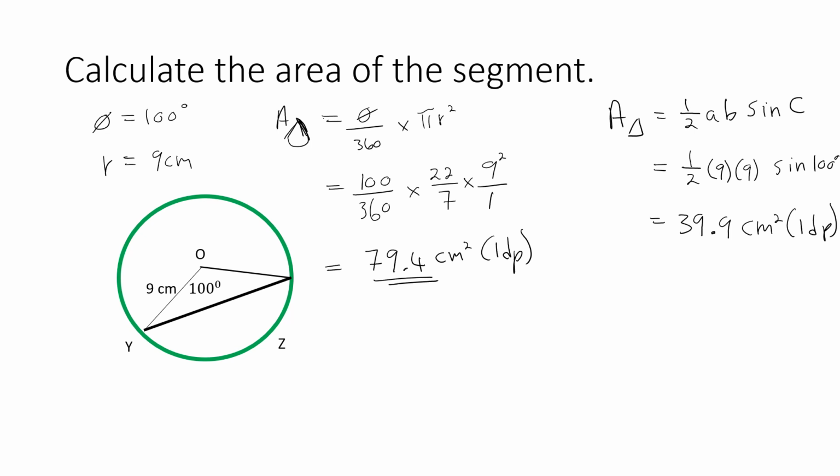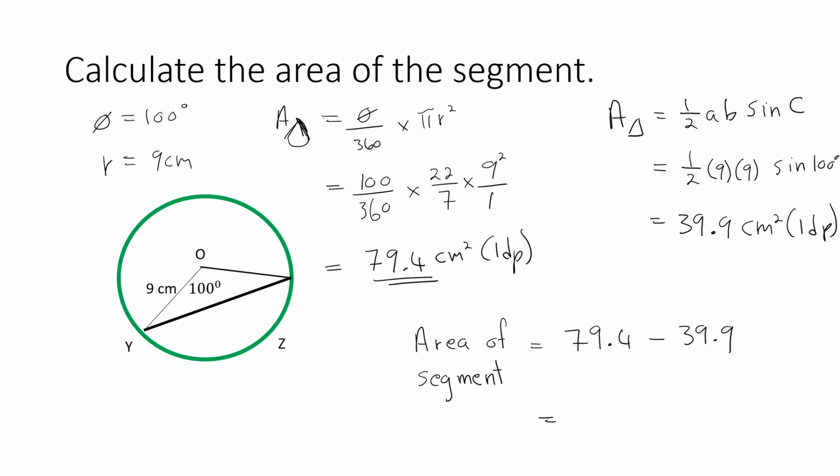And last but not least, the area of the segment. So notice, as I said earlier, the area of a segment is not necessarily a formula, it's just understanding the procedure towards ending there. So the area of the segment now is the area of the sector, which is 79.4, minus the area of the triangle, which is 39.9.